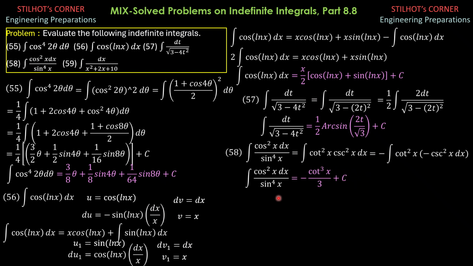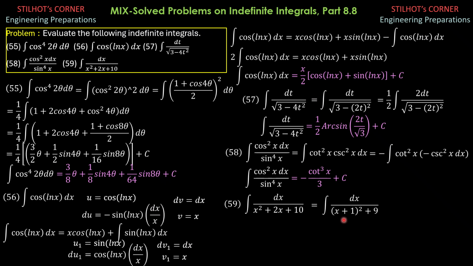Then finally, for problem 59, this is in the form arctan. So integral of dx over quantity x squared plus 2x plus 10 can be written as integral of dx over quantity x plus 1 squared plus 9. So a is 3 here.